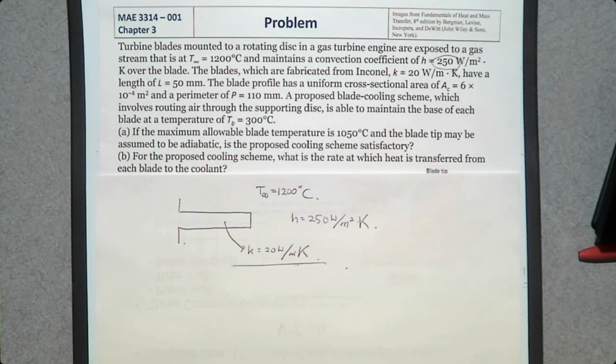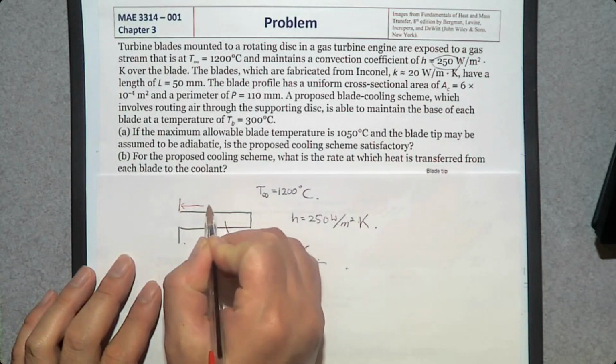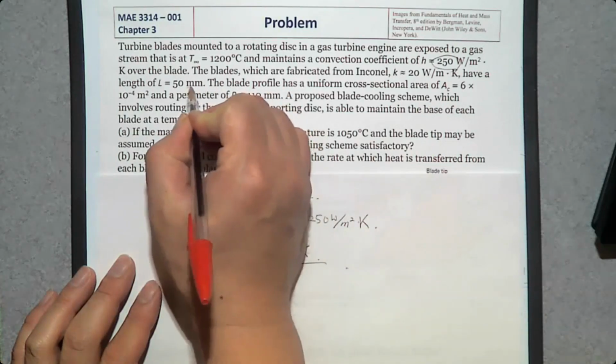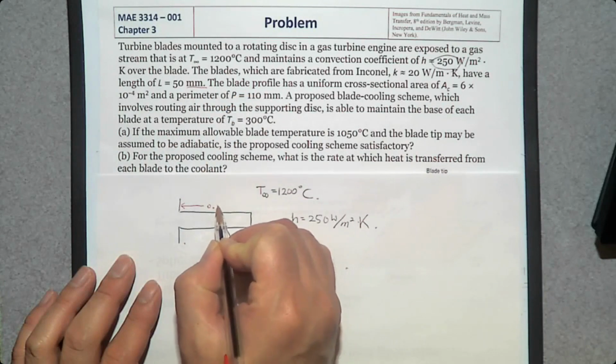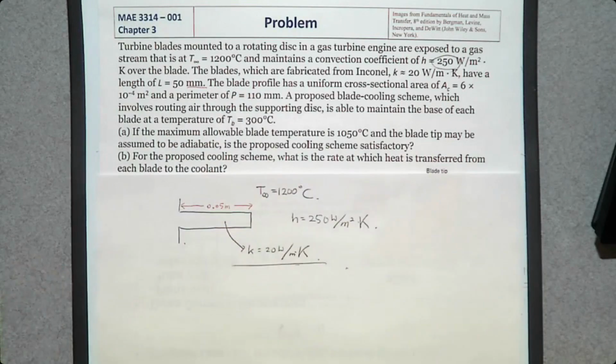The fin has a length of 50 millimeters. So this length is going to be 50 millimeters, but do not use millimeters. You convert to whatever unit you are familiar with. So I'm going to use meters: 0.05 meter.